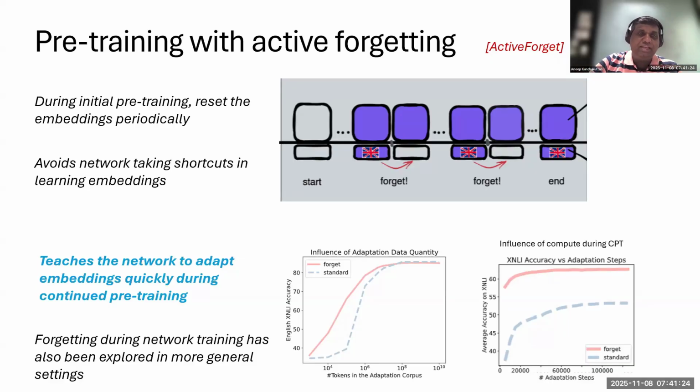So what you do is periodically reset the embeddings, and this helps the network avoid taking shortcuts and learn to quickly adapt whenever embeddings change. This turns out to be pretty useful in terms of both the amount of corpus required for adaptation and the compute required for adaptation.